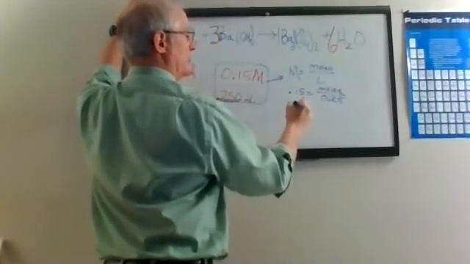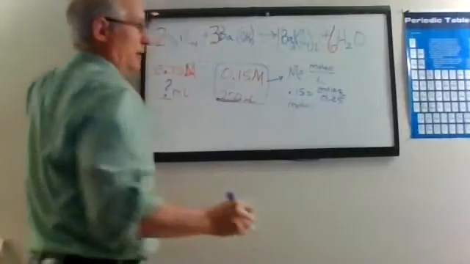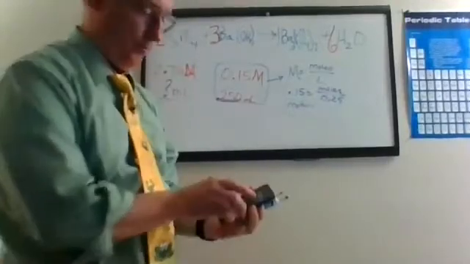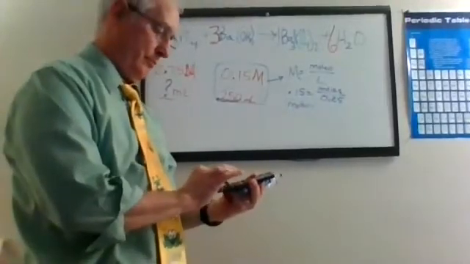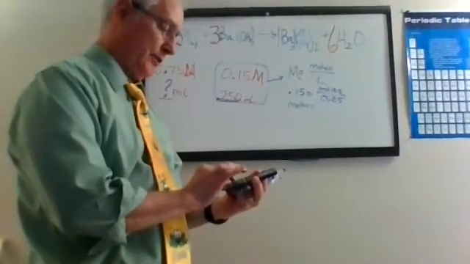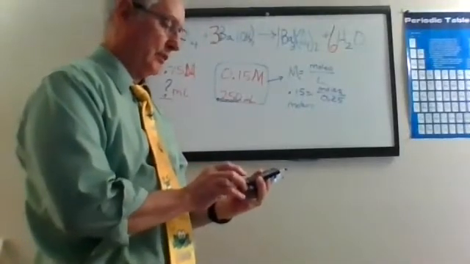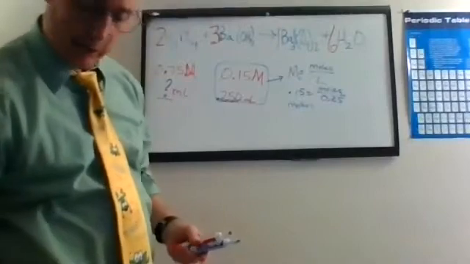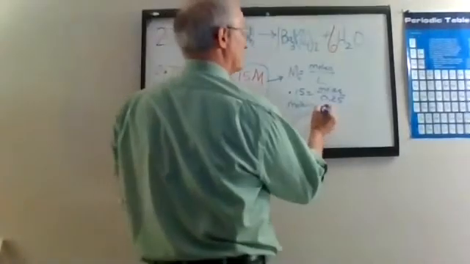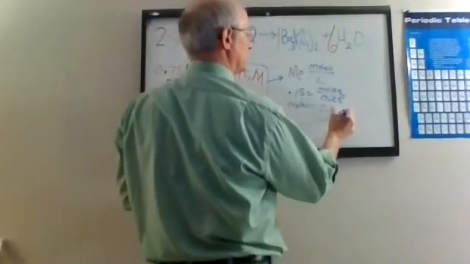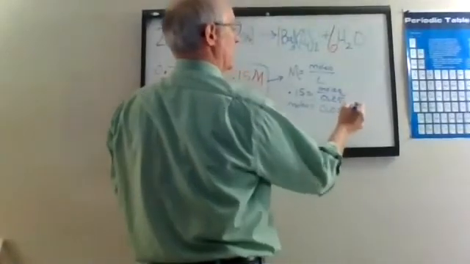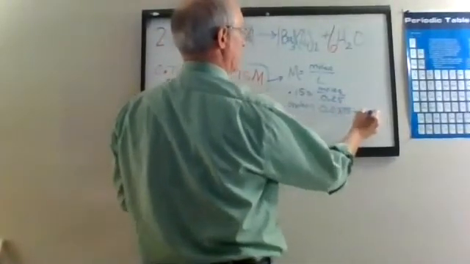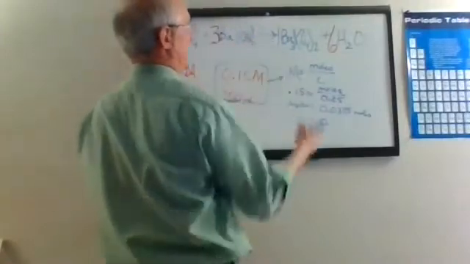So the moles is 0.15 times 0.25. That's 0.0375 moles of Ba(OH)2.